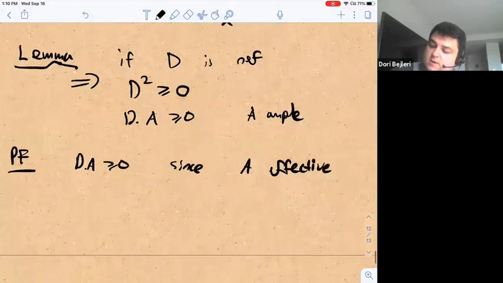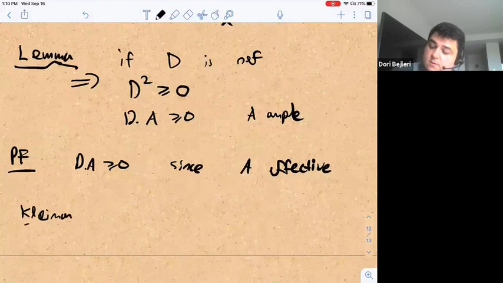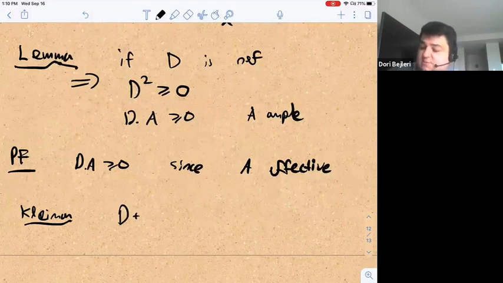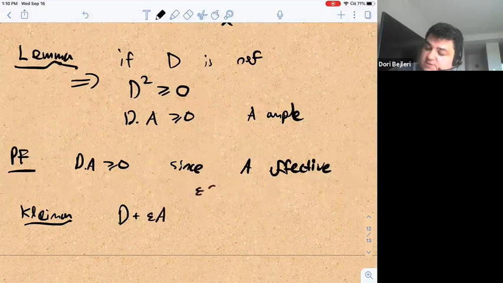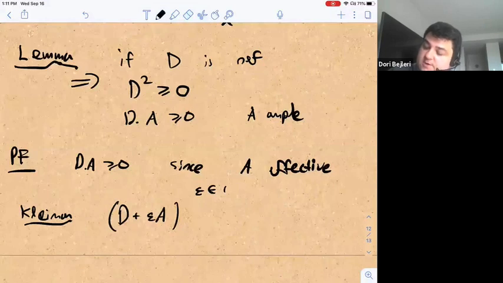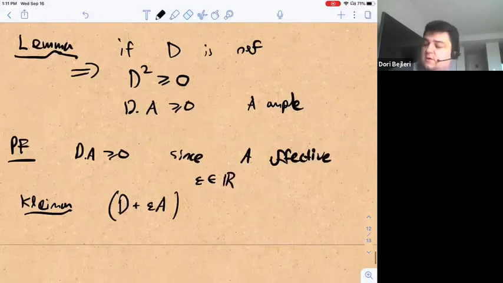And then the second one, by Kleiman's criterion, we know that if we take any ample, like this A, and we add any multiple of it, then we'll actually get something ample. So let me just add epsilon A, where epsilon is some small rational number. Then we know that D plus epsilon A, actually epsilon could just be some real number, because Kleiman's criterion is really a statement about the real cone. So we know that this is ample.